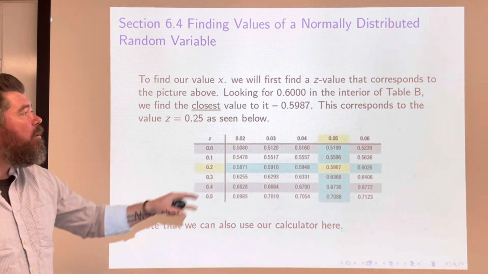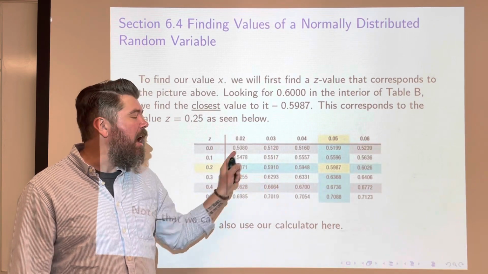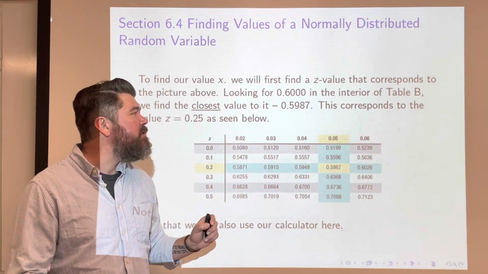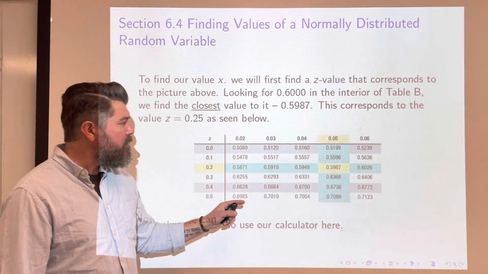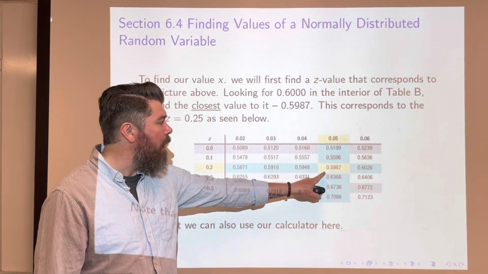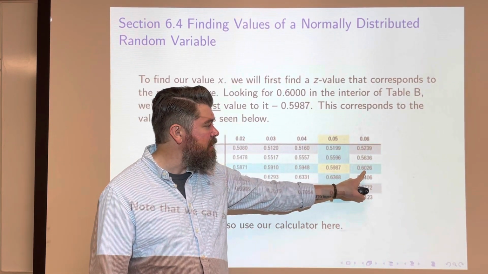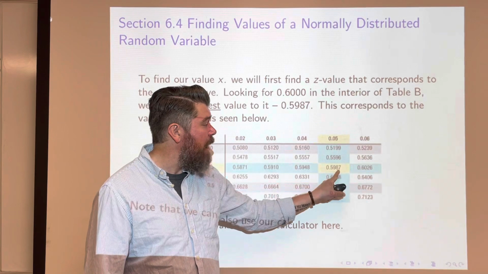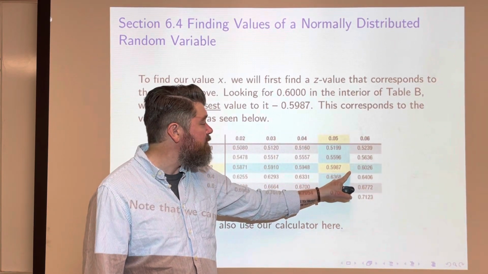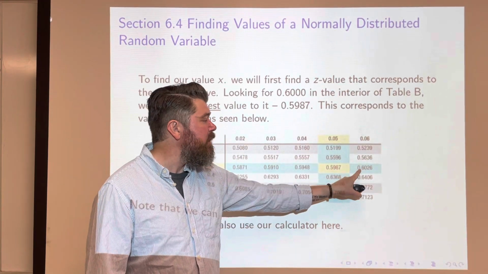Now, not always are the values given directly in the table, so if that's the case, we want the closest value. And we see that the closest value, we have the options of 0.5987 or 0.6026. Notice that 0.6000 lies between these two numbers. So which one is closer?